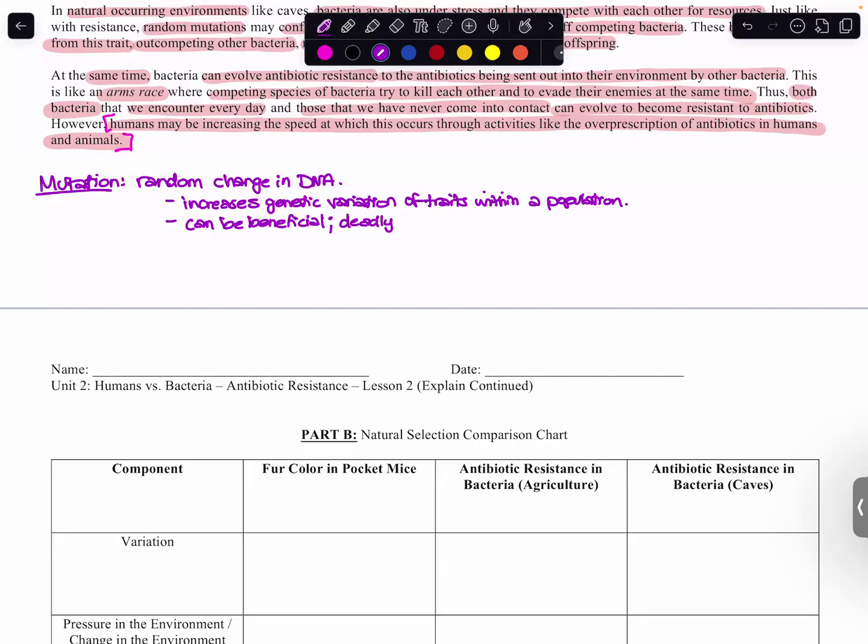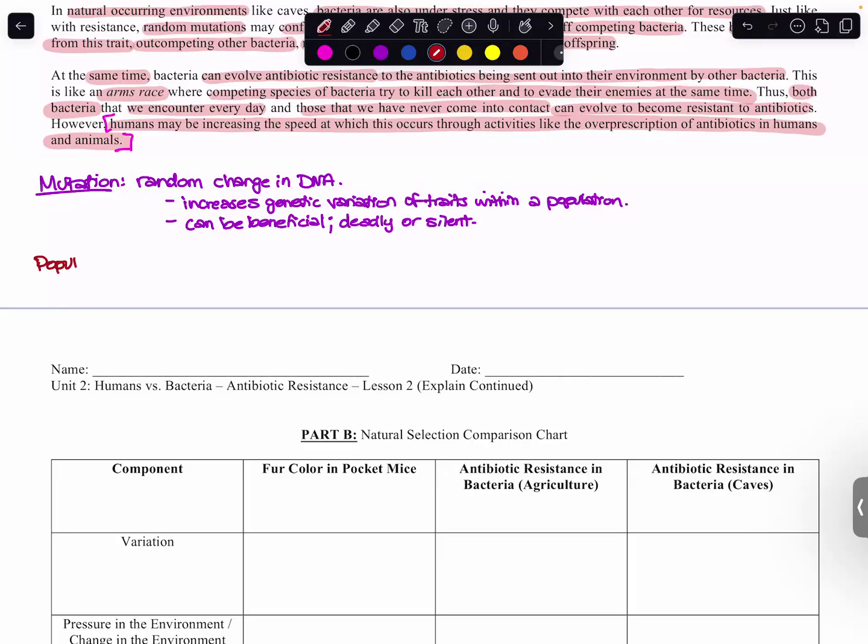Where if we have some type of mutation that prevents us from being able to resist these pathogens, these deadly bacteria, we don't produce, let's say, antibodies for them, that can cause death for us. Or silent, which means that the mutation occurred, but it has no net gain or cost to us, right? We don't really feel the effects of the mutation at all.